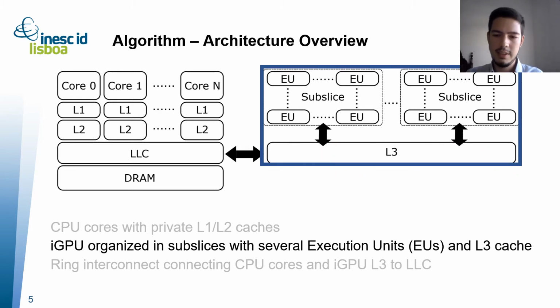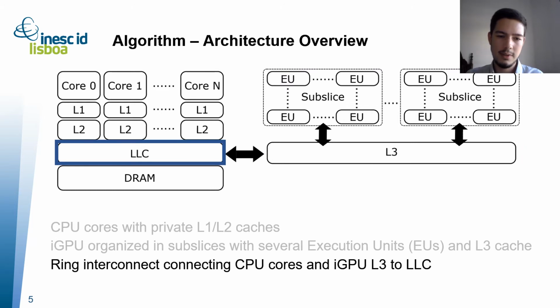Both this L3 data cache and the caches for the CPU cores are connected through a ring interconnect to the last level cache, which is common, and therefore these devices have a way of sharing memory.